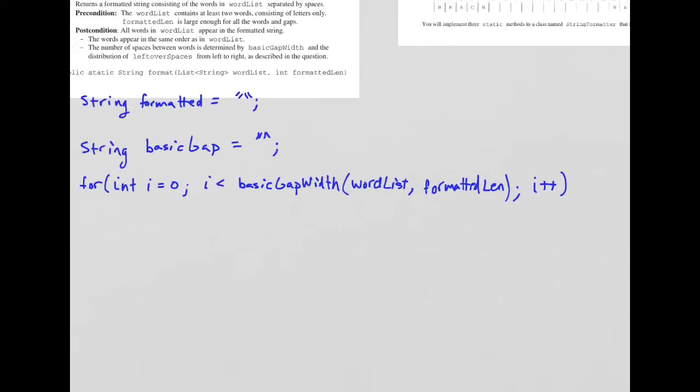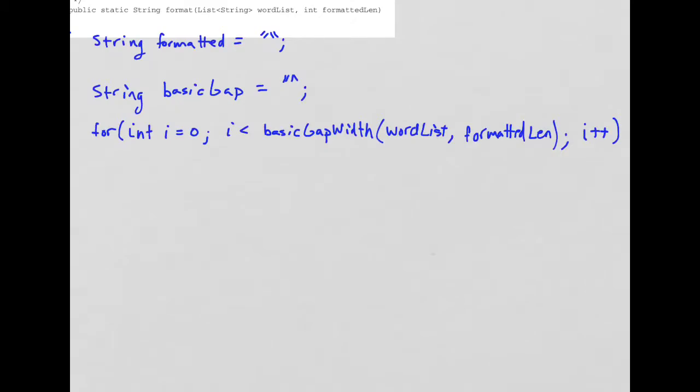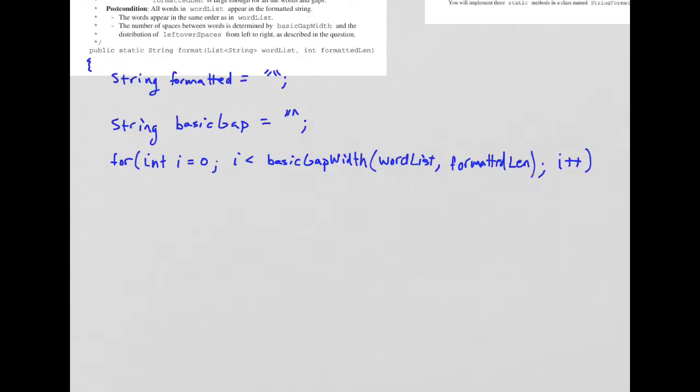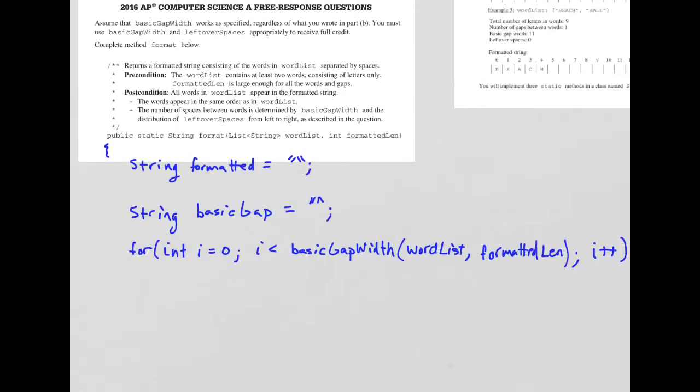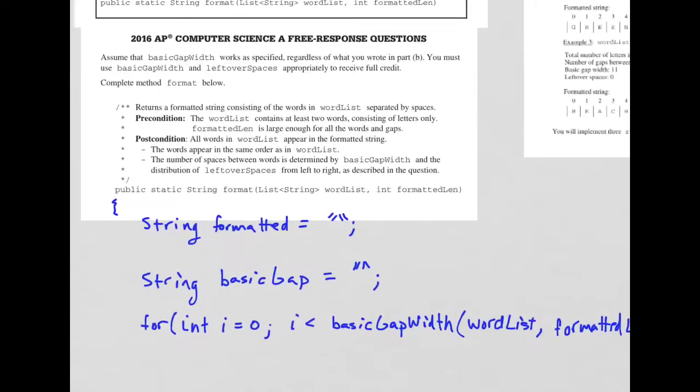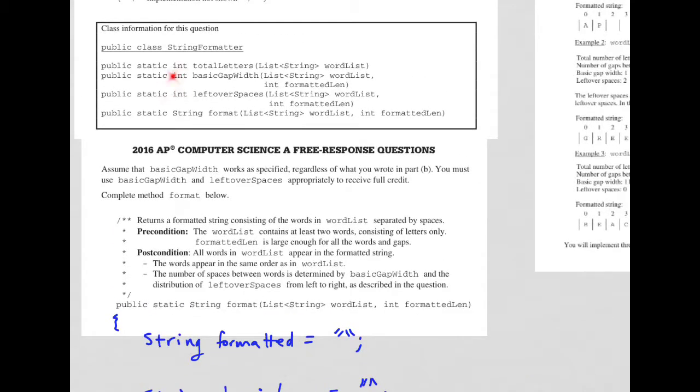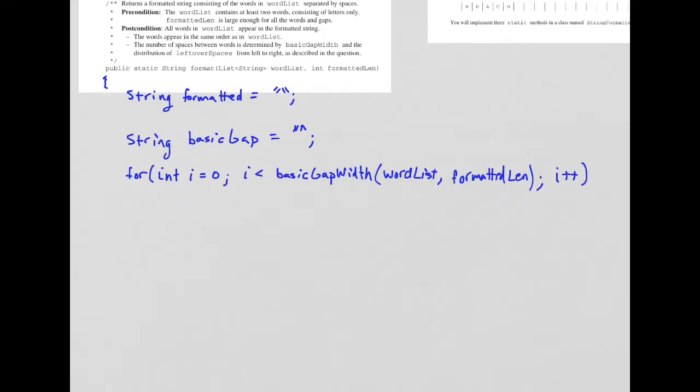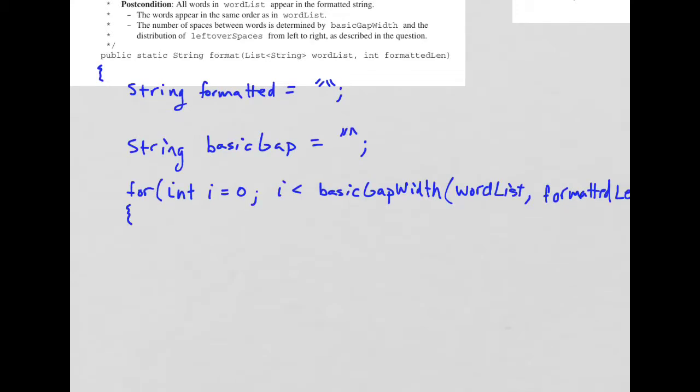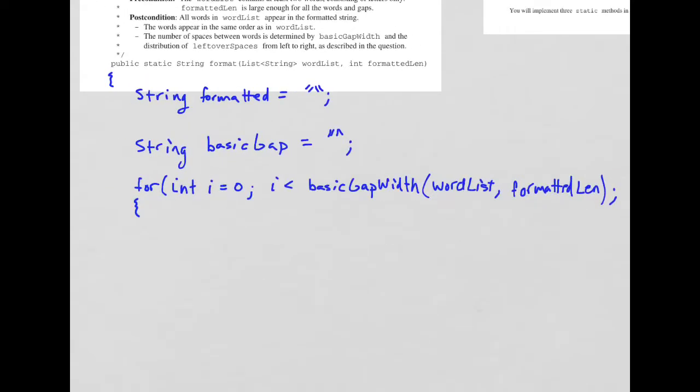So what is this for loop doing? The basic gap width method returns the number of spaces in a basic gap. It returns that number. So this loop just runs however many times there are spaces in the basic gap width. So what I need to do is use this loop to actually put those blank spaces in my basic gap string. So with that line of code, I'm actually putting in one extra space.